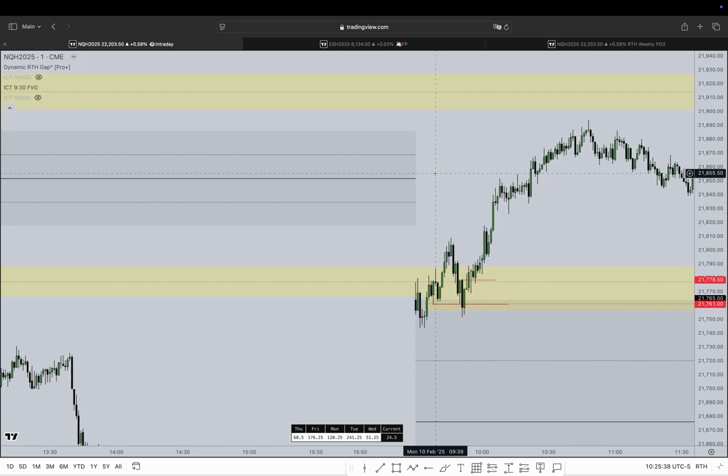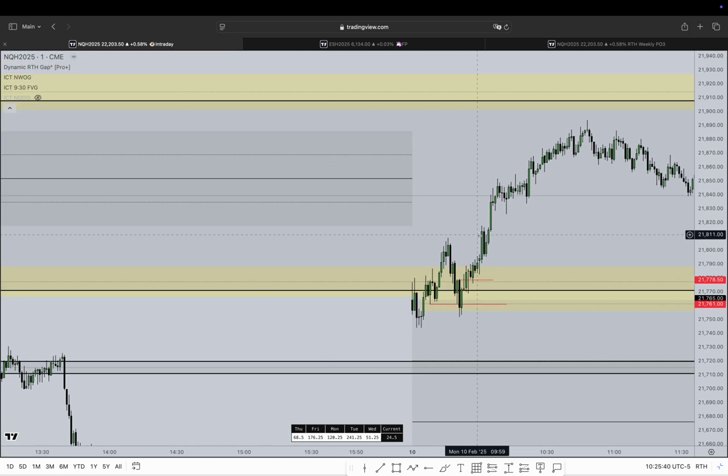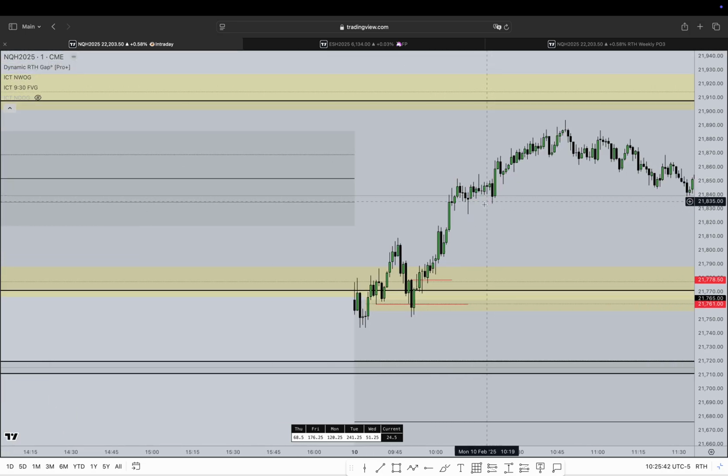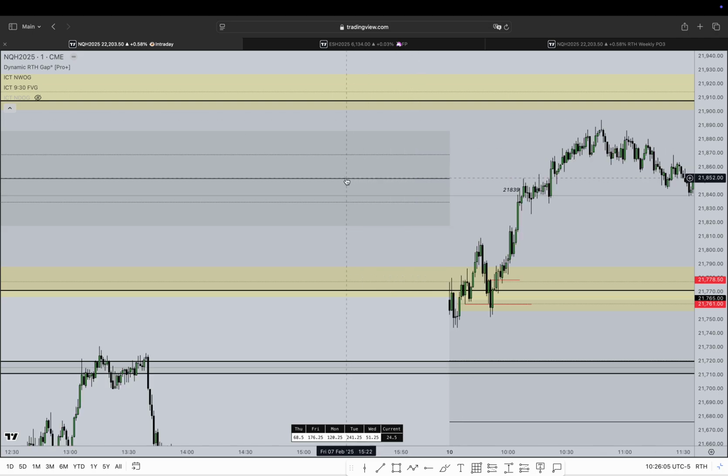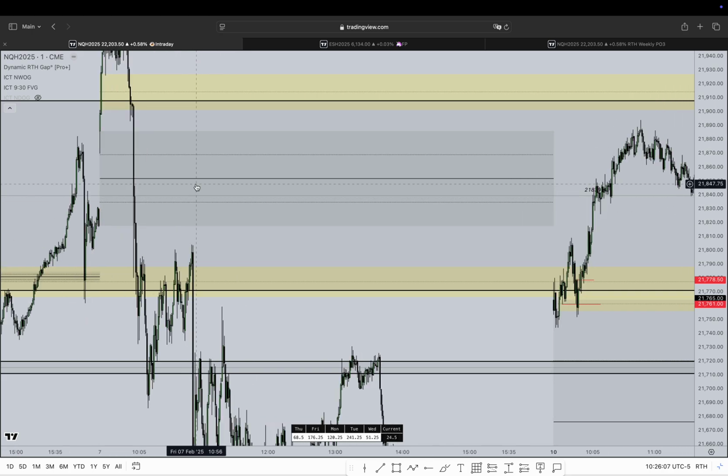And my target was the 50% of this new week opening gap. My first draw on liquidity was this price, and I put that in the chart, I think it was 21,839. It was the first target. You have the 50% of this new week opening gap and also the consequent encroachment of this regular trading hours gap.